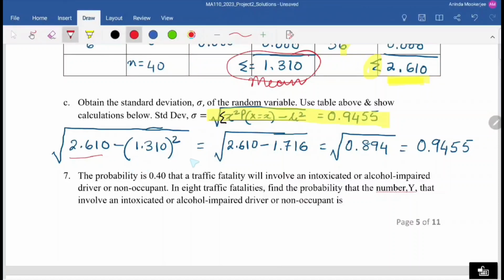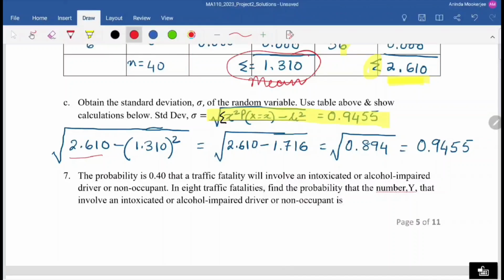And then minus mu squared, so 1.310, which is the mean, squared, and then we have to take the square root of all that. So 2.610 minus 1.716 is 0.894. The square root of that is 0.9455, and that's the answer for the standard deviation.